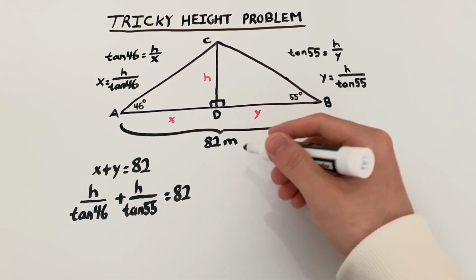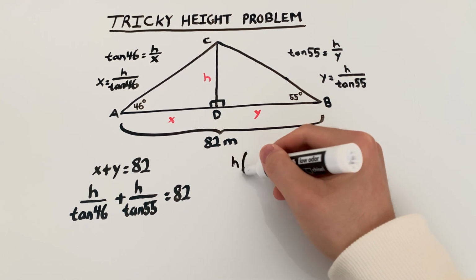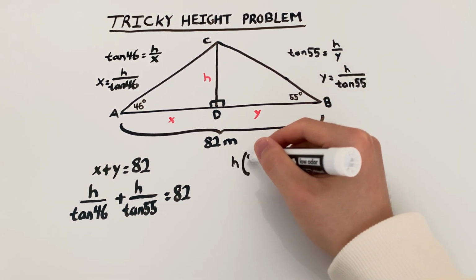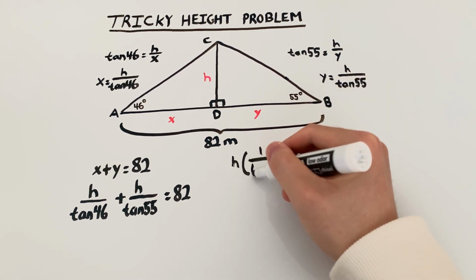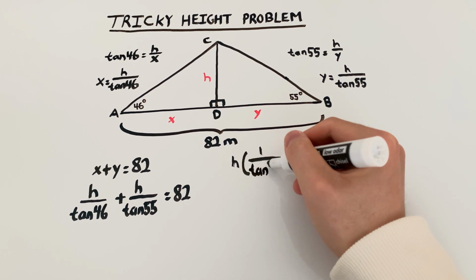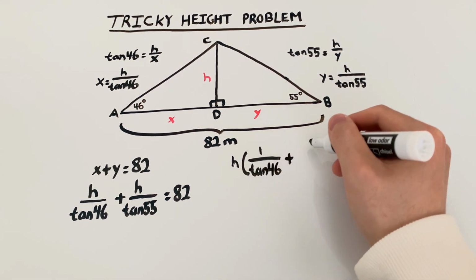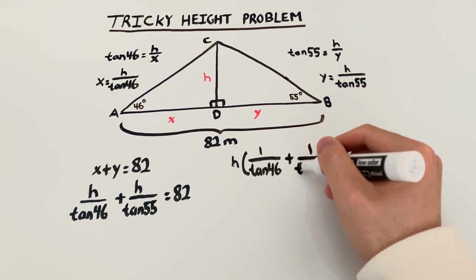So the easiest way to do that would be to pull out an h and factor it like this. We're left with 1 over tan 46 on the inside and a 1 over tan 55.